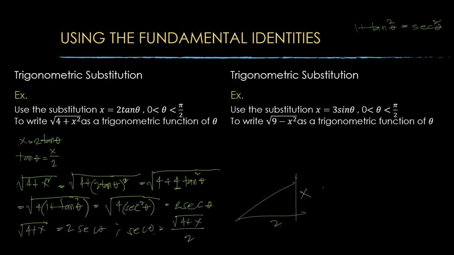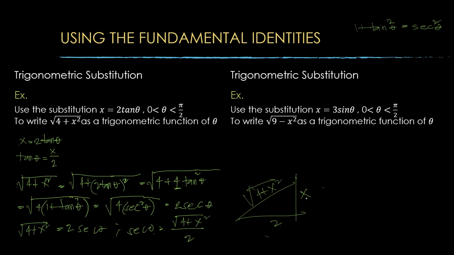Cosine is adjacent over hypotenuse, so its reciprocal is hypotenuse over adjacent. Since the hypotenuse is the square root of 4 plus x squared, over 2, that is hypotenuse over adjacent, for secant.